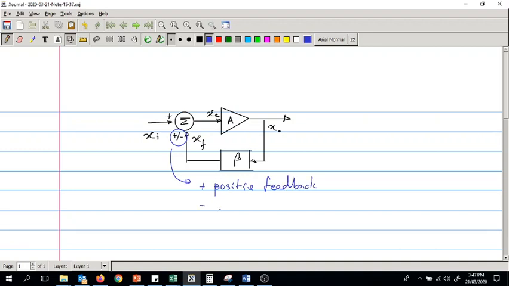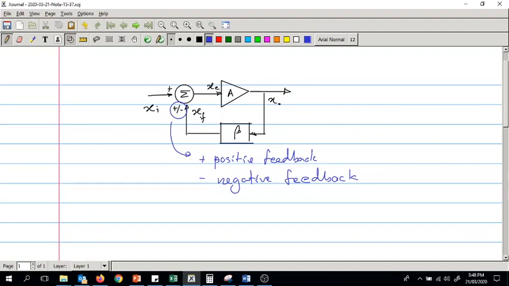In this block diagram, that sign being positive or negative matters: if it is negative, the feedback is combined with the input in a negative way, so it's negative feedback. If it is positive, it is combined in a positive way.